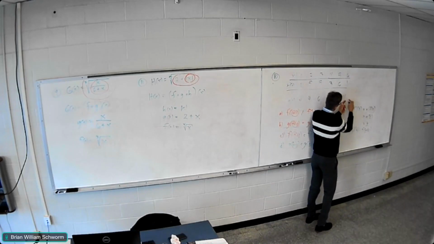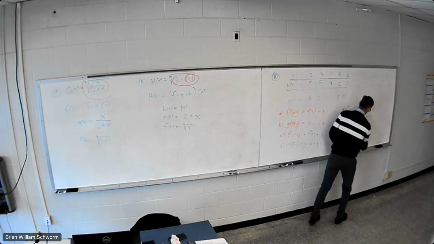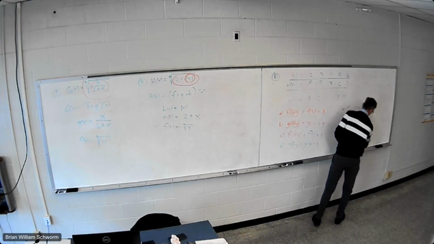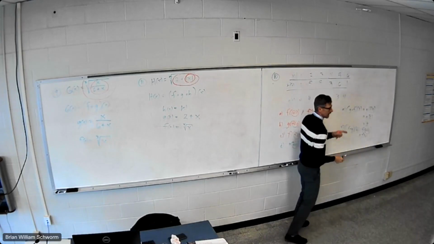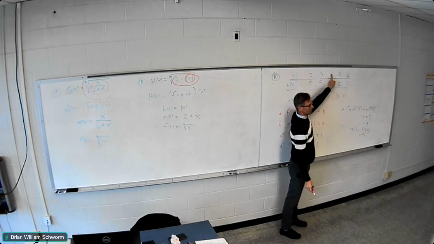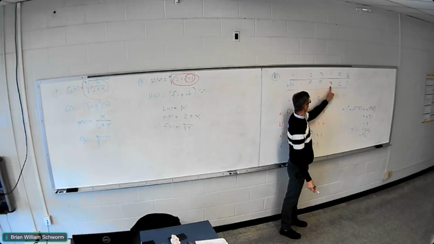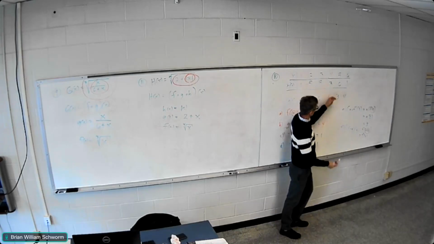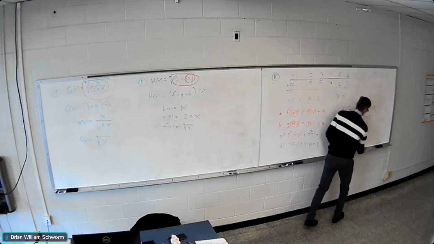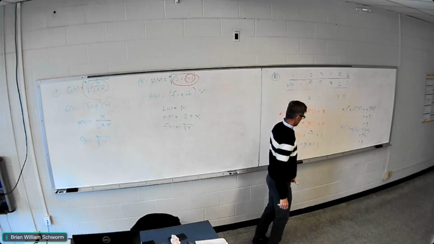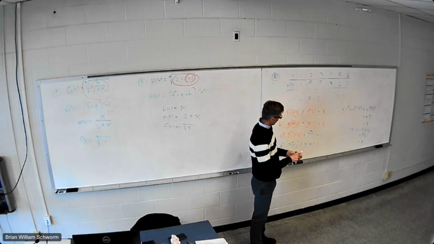And the X is 6. So this right here becomes 4. New X value is 4. Plug that into the F function. F of 4 is 3. The previous answer was 3, but just a coincidence.